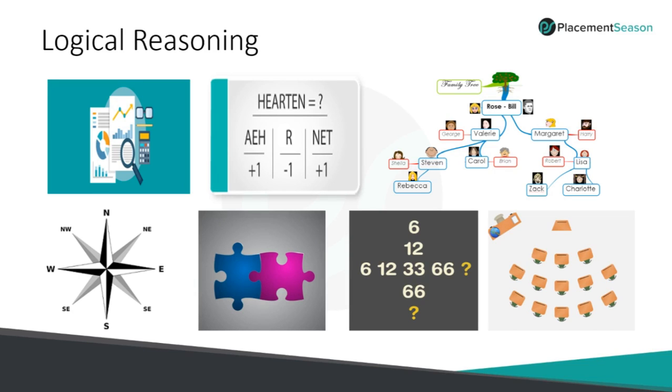So it's very important to read the question properly. Reading the question properly will solve the problem easily. Understand the question clearly so that you get to know what is actually asked in the question and what you have to do.